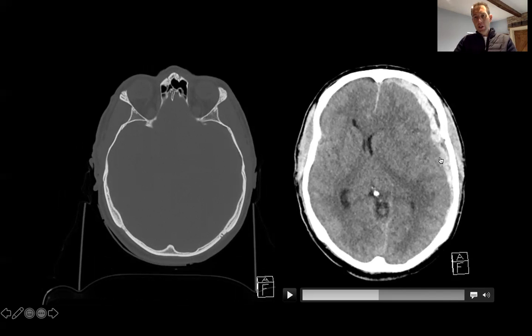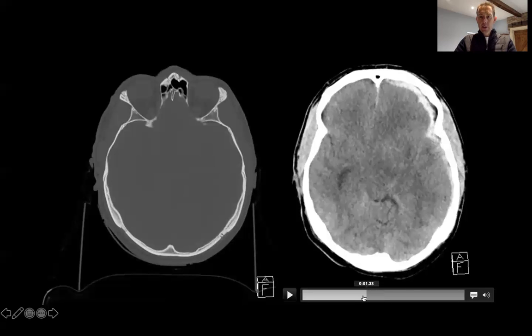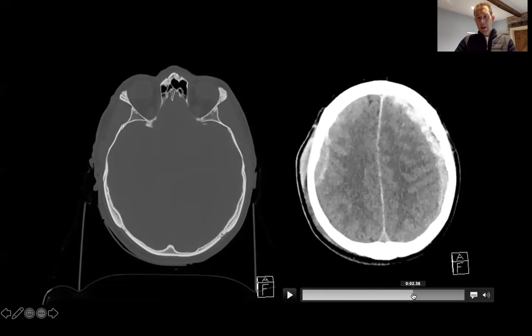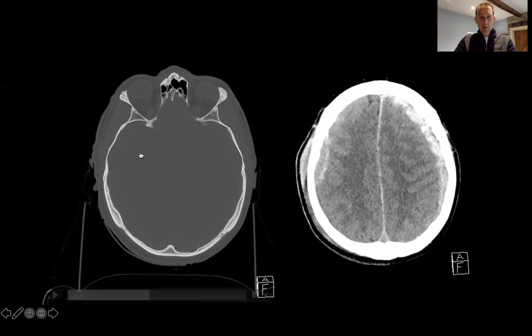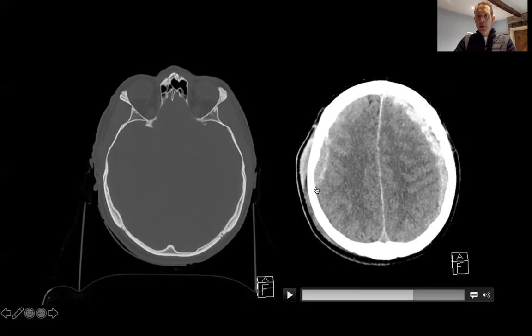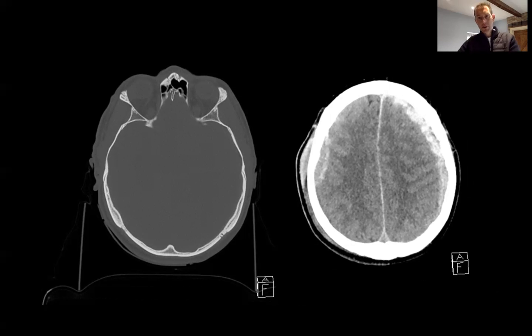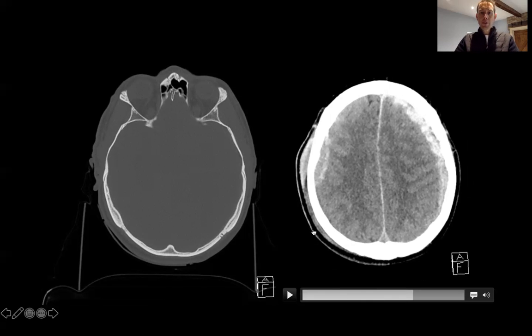And it would be very easy to focus on this and the degree of shift it's having, and relatively less attention on this smaller hemorrhage on the right. But actually, this lentiform hemorrhage underlying the fracture is likely to be extradural in nature. And if you decompress this side, this could rapidly increase, as we saw in the last case. So you have to make sure that you put the emphasis on both for the neurosurgeons so they can manage the patient appropriately.